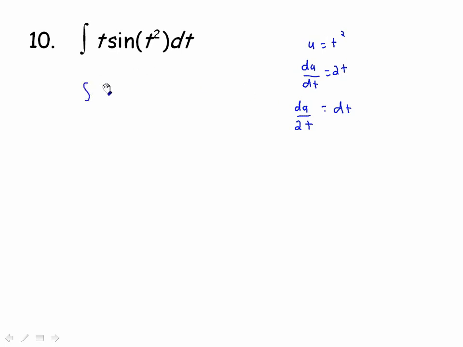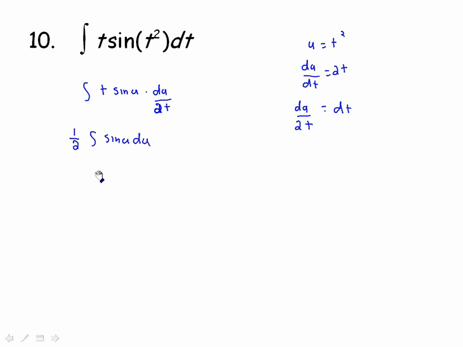So we now have t times the sine of u, and then we replace dt with du over 2t. And then, when we simplify the t's out, we get a factor of 1/2, which I'll take to the front. So 1/2 sine u du.